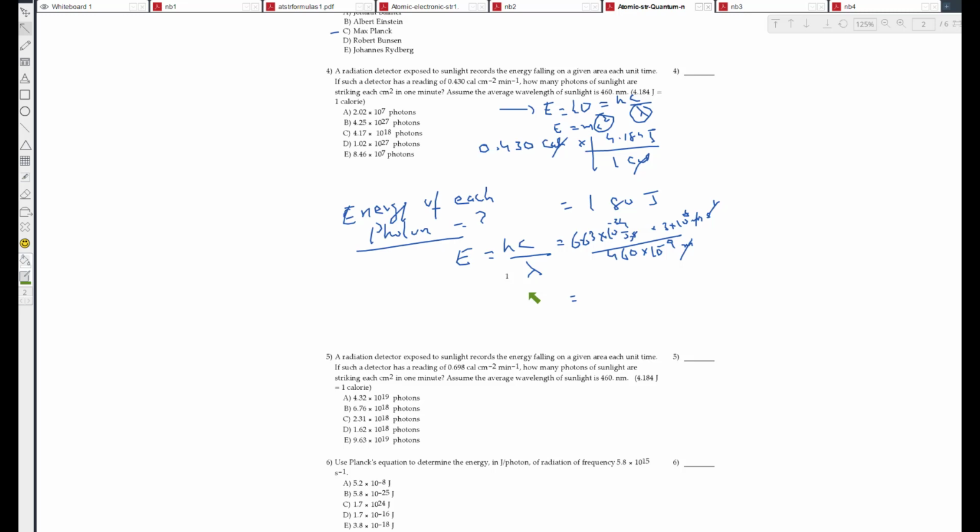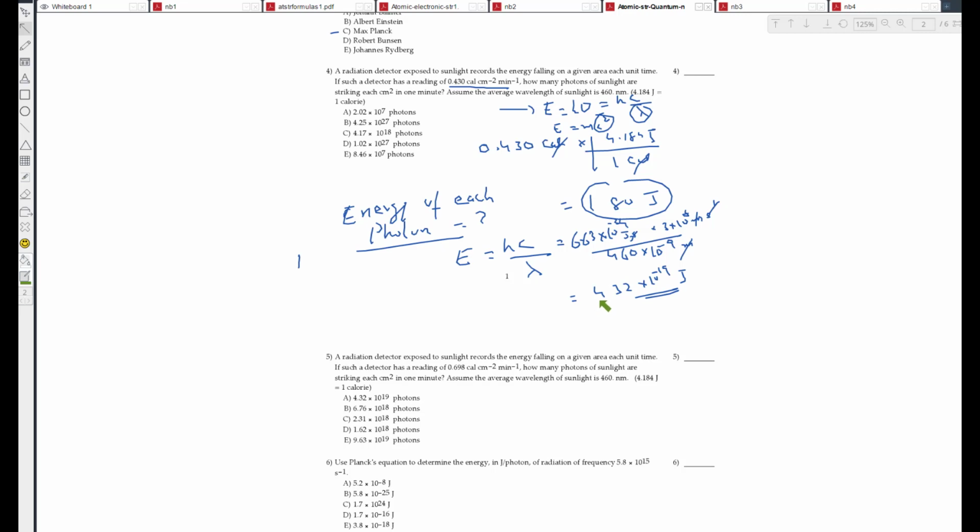How much are you getting? 4.32 times 10 to the minus 19, that's correct. Now take the whole thing, but instead of calories, take the joules, which we already converted.